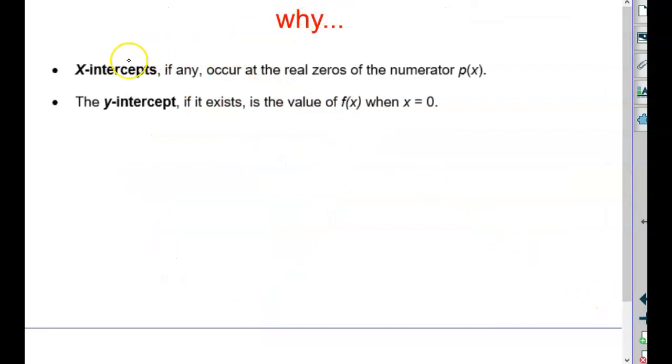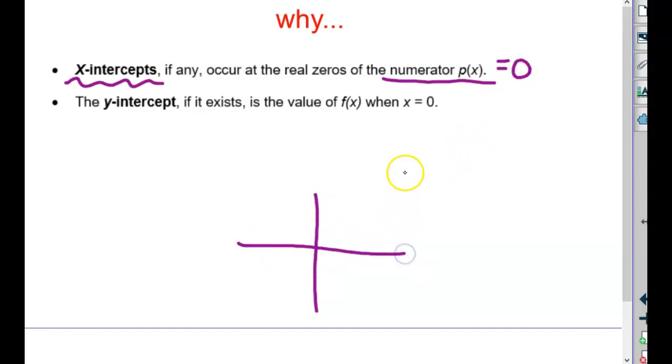Now the nitty-gritty stuff. The x-intercepts, where it crosses the x-axis, has to be where the numerator is equal to 0. Does that make sense to anybody? The only number, whoa, didn't mean to graph.